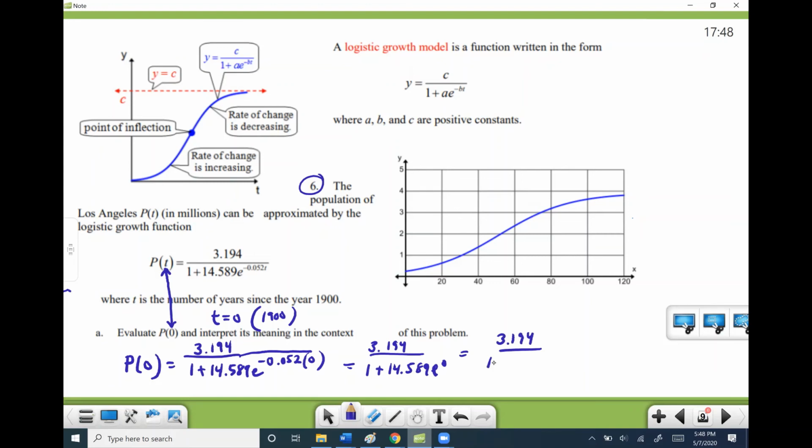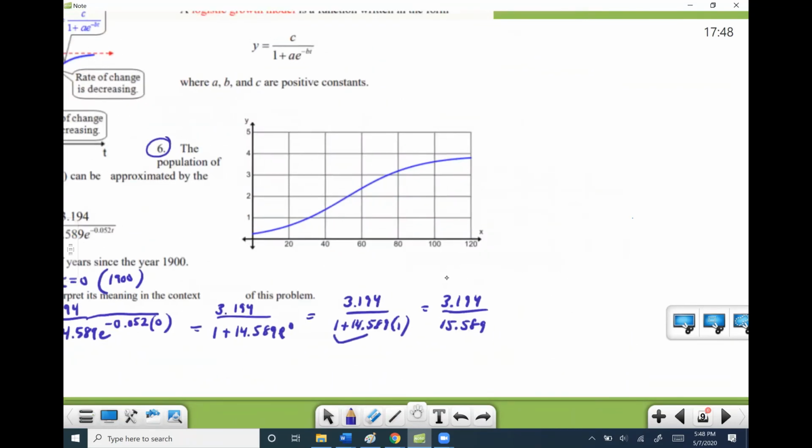So we really have 1 plus 14.589 being multiplied by a 1. So if I do this by hand, it's probably going to be easier to get it to this point, right? 15.589, when you add 1 plus 14.589. And now look how easy that'll be to plug into your calculator. That would be probably better than putting that whole nasty thing in.